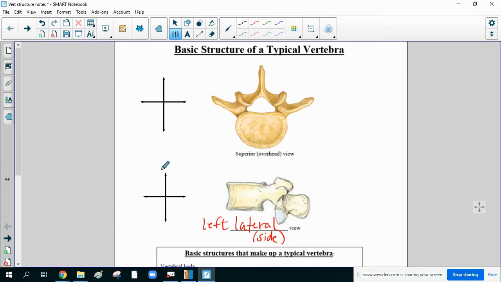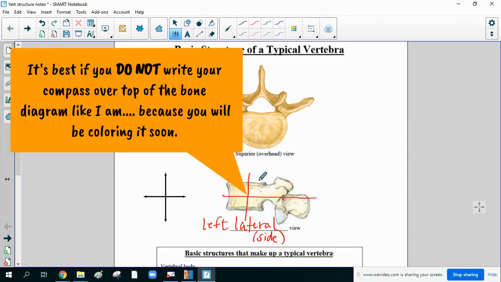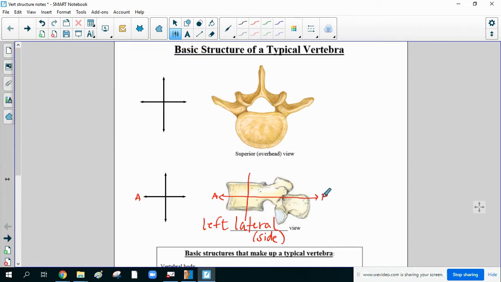And we're going to resurrect some of our directional terms. Remember, this is our little compass that tells us the anatomical directions. So if we imagine this on the bone, remember this way was front or anterior. So we're going to transition that over here. And this way with that one spiny projection was towards the back of the body or posteriorly.